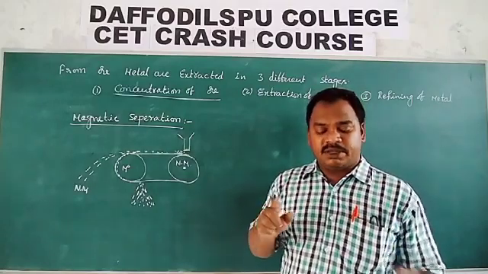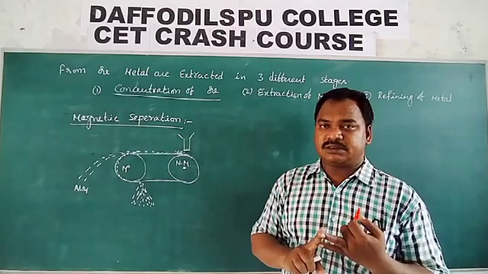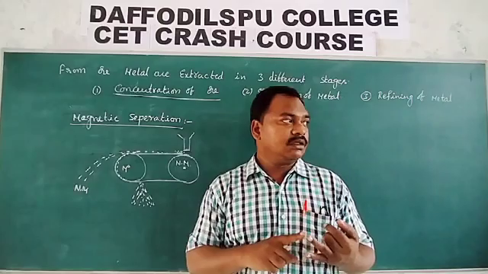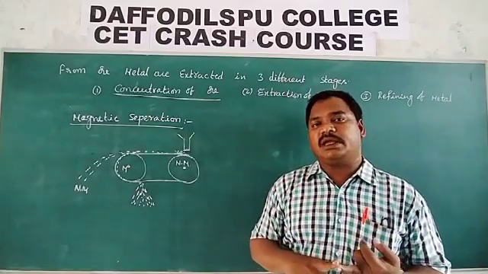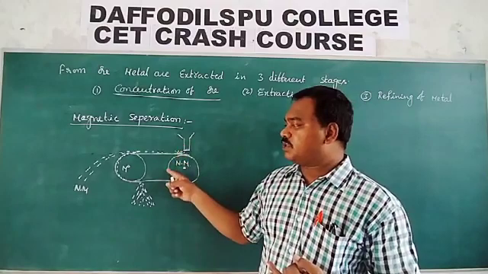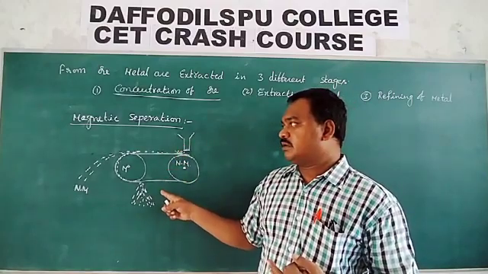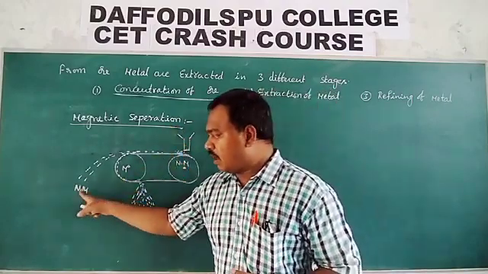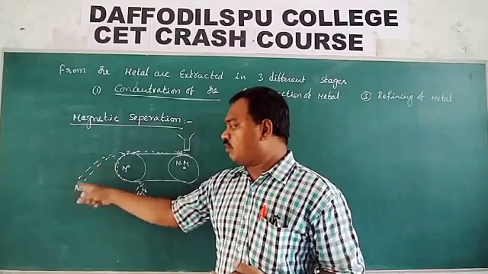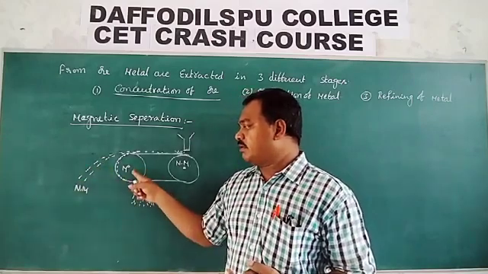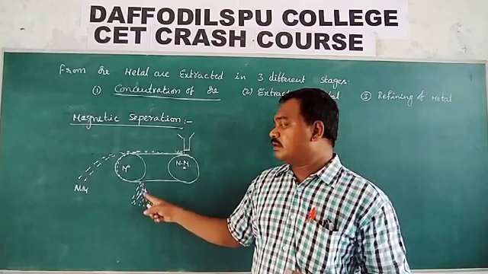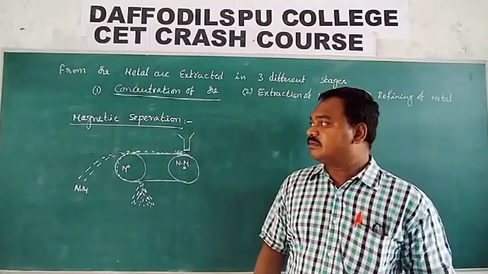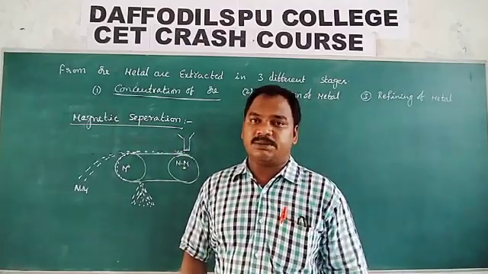Means when ore and impurities differ in their magnetic nature, this magnetic separation method is used. Non-magnetic particles are thrown away from this magnetic drum, and magnetic particles make a heap near this drum. This is about magnetic separation.